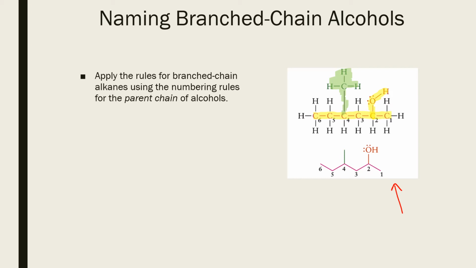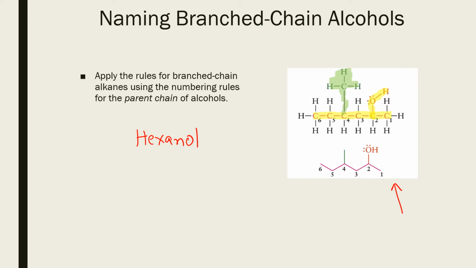After we identify the longest chain, now we are ready to give the name of this parent alcohol. So the parent alcohol would again be hexanol because it has a 6 carbon chain.